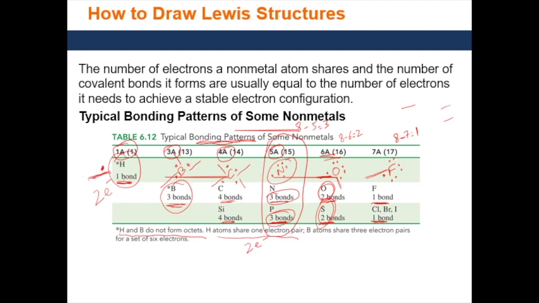Boron usually shares 3 electron pairs for a set of 6 electrons. As long as boron has 6 electrons in its outermost orbit, it is happy. As long as hydrogen has 2 electrons, it is happy. Everybody else wants 8 electrons in its outermost orbit.